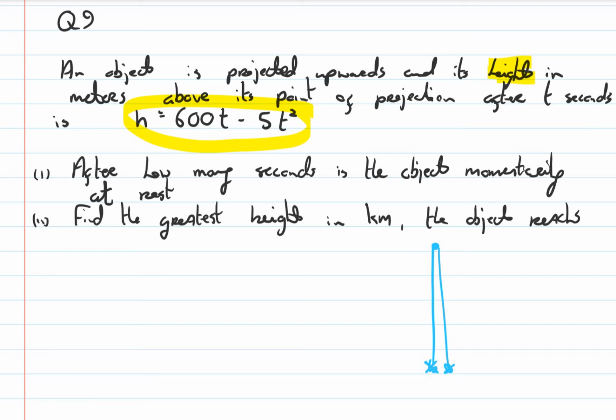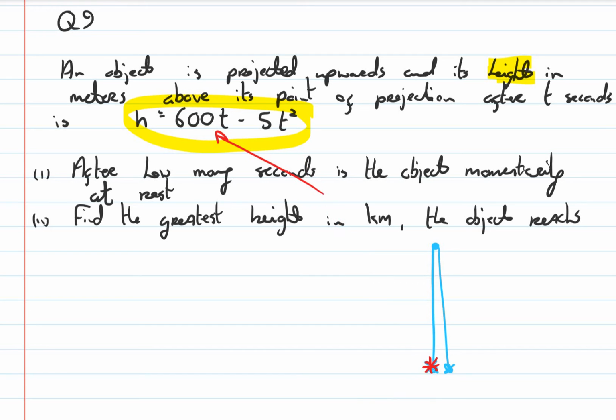To find out the height it is above or away from this starting point, we just fill in the time here, okay? Similar to the other ones. So if I want to find out how far the object is away from this point after 2 seconds, I'll put in 2 for t and it'll tell me how far it is away.